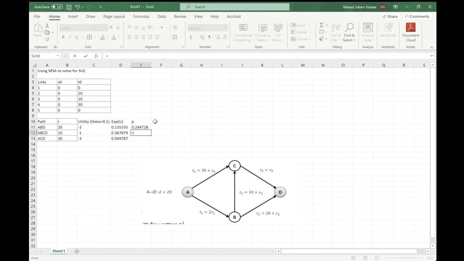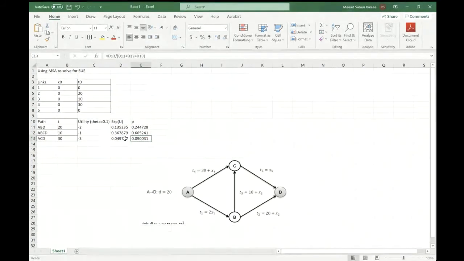So the probability would be the exponential of this path divided by this exponential plus this exponential plus this exponential, and this one as well. This would be this exponential divided by this exponential plus this exponential plus this exponential. Remember, one very common mistake is that some students forget to take the exponential value, and they simply calculate probability using utility.